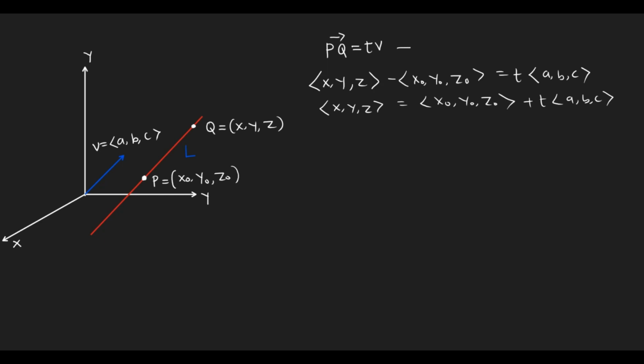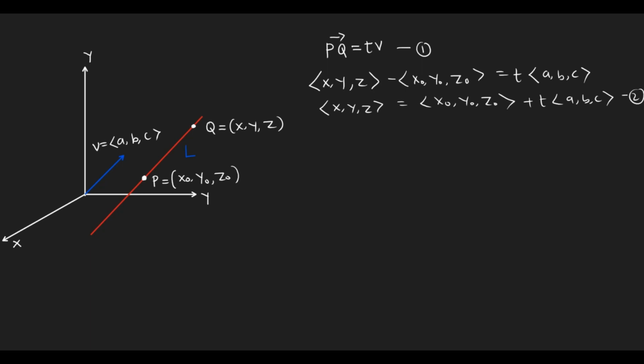Let's name the first equation as equation 1 and this equation as equation 2. This equation 2 is known as the vector equation of a line.